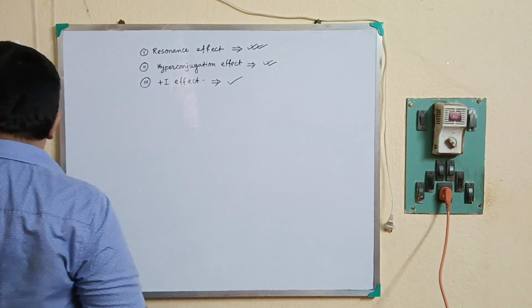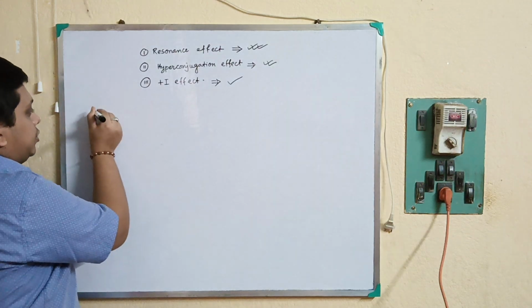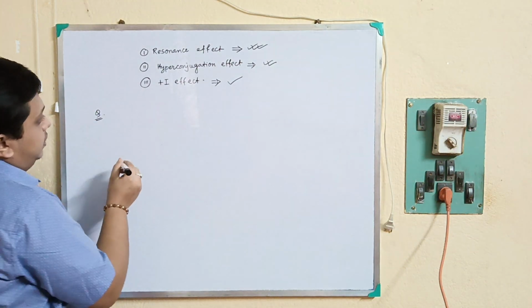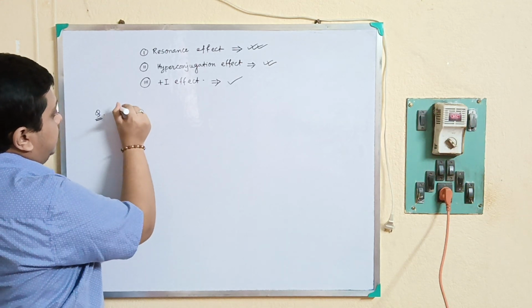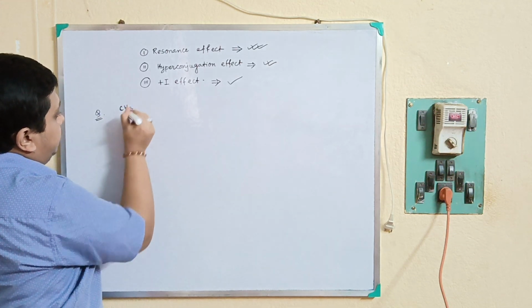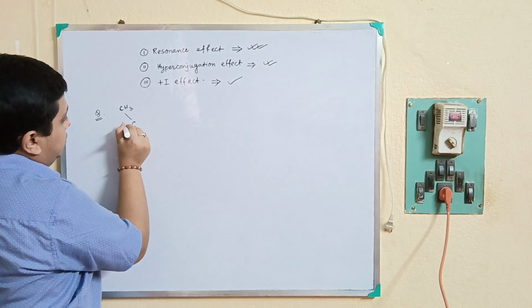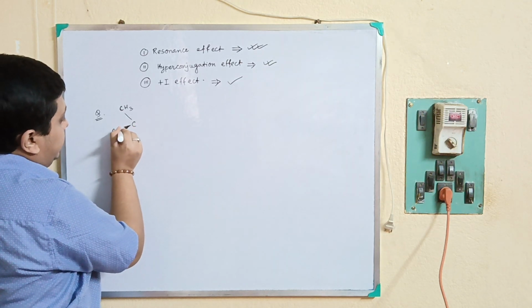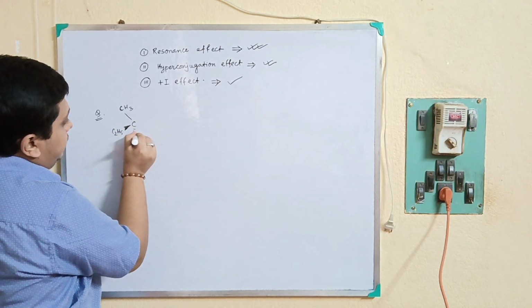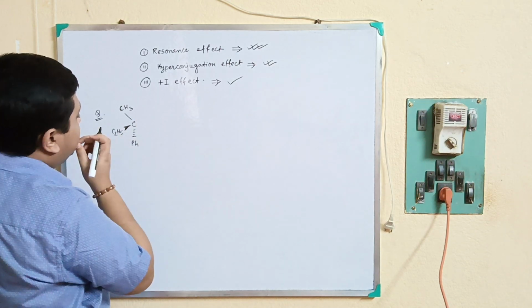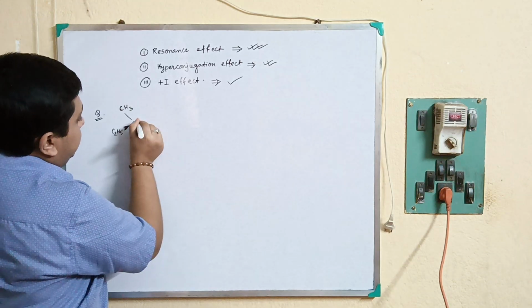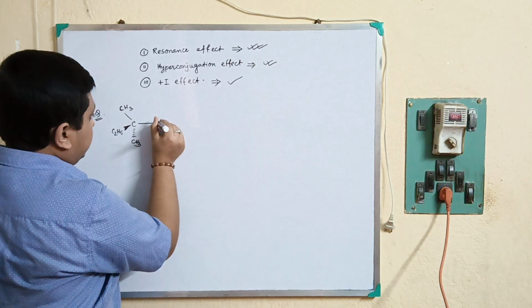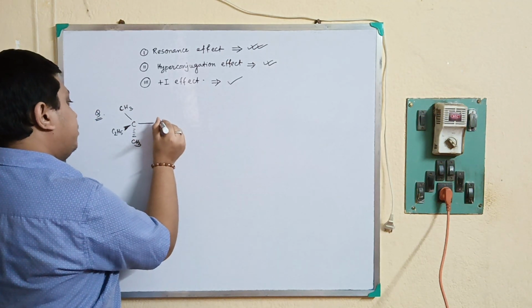Now let us consider a chemical reaction, or specifically an SN1 reaction. Let two substrates be given here: CH3, here C2H5, and here CH3 again, and Br.